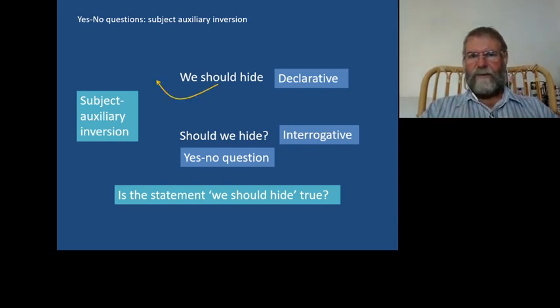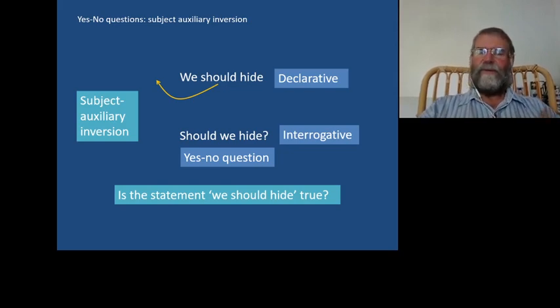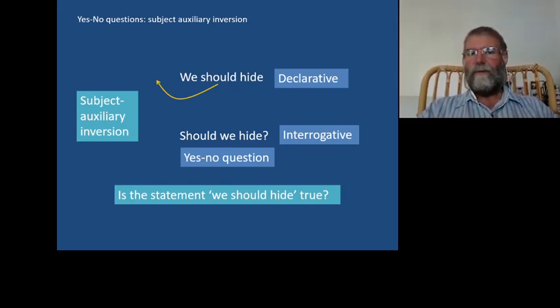Alternatively, we could assume that the modal auxiliary verb, which is in the inflection position, as we know, is moving out of that position into a position somewhere towards the front of the sentence, in front of the subject. Now, the original name, subject auxiliary inversion, appears to suggest that the two elements are moving one around the other.